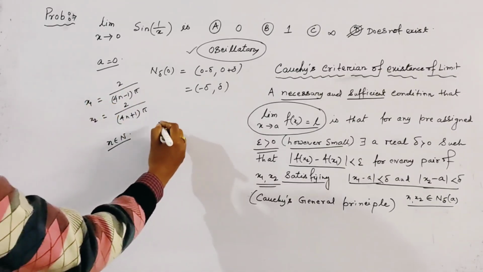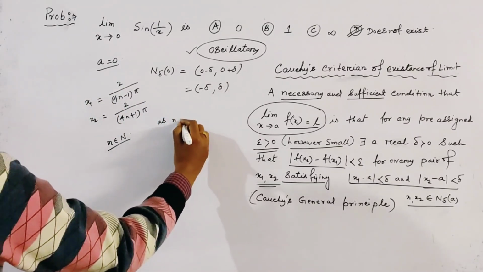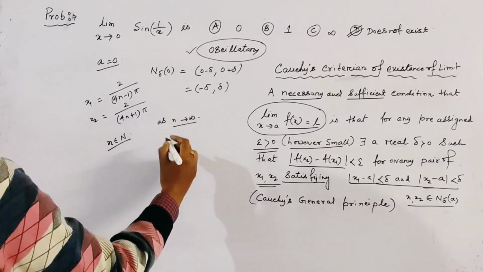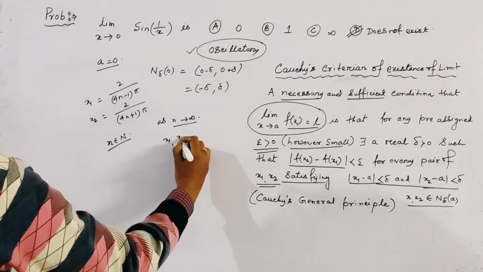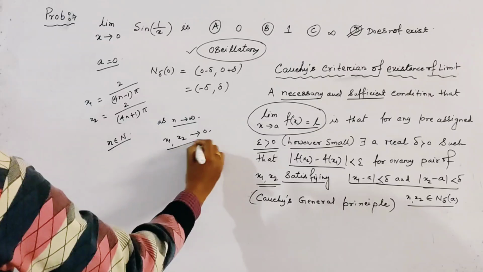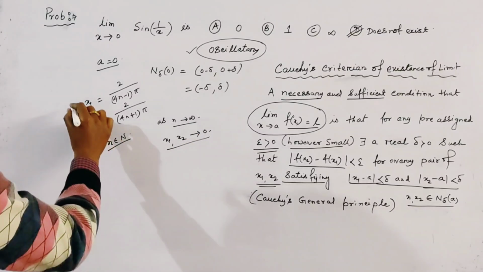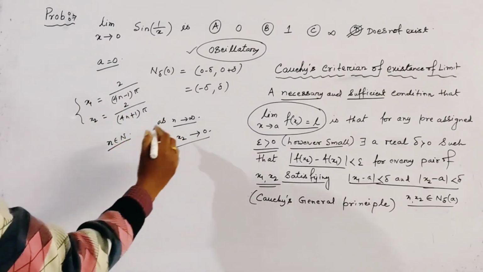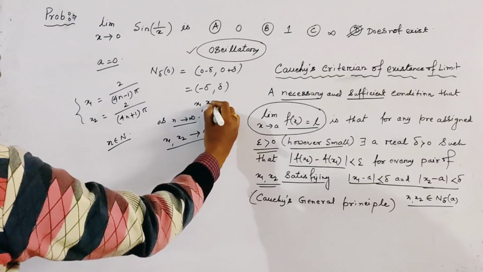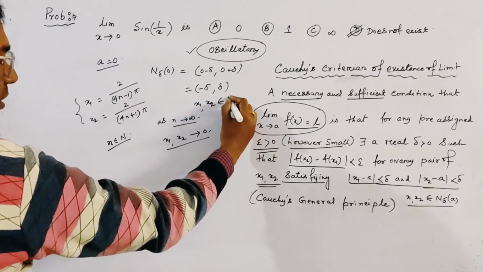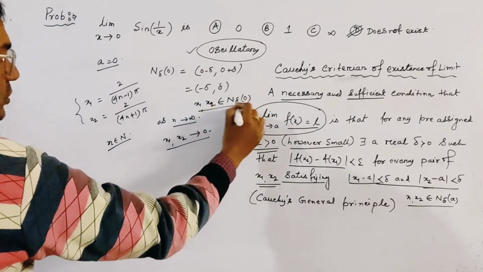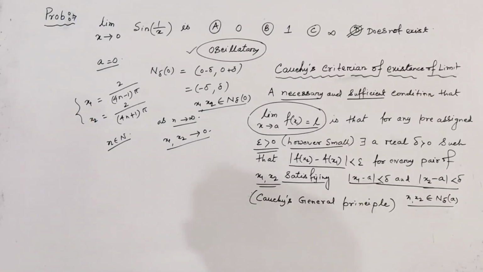That is, as n tends to infinity, x1 and x2 both tend to 0. So for large values of n, it is clear that x1 and x2 both belong to the delta neighborhood of 0. This is the first point.